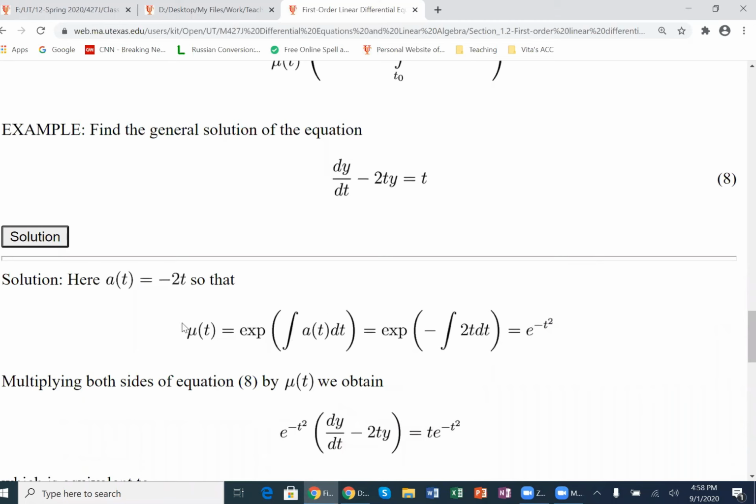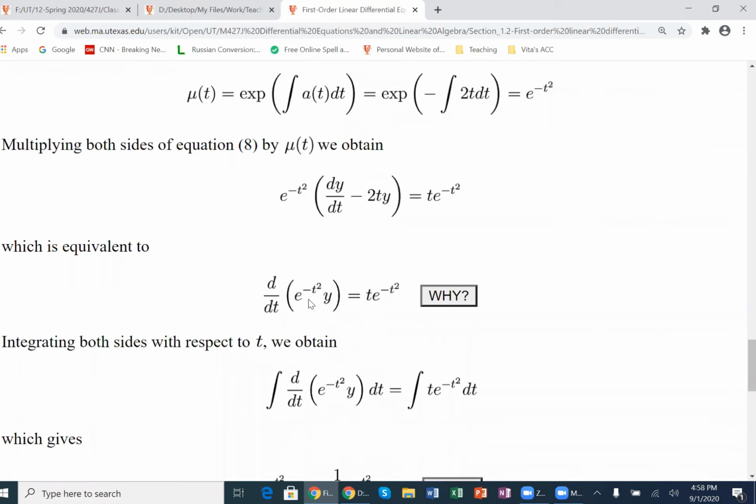We want to find mu such that when we multiply both sides by mu, the left-hand side becomes this. Note that this mu without any c perfectly serves the goal. So you can put plus c, it's just a redundancy. I see. Okay. Thank you.